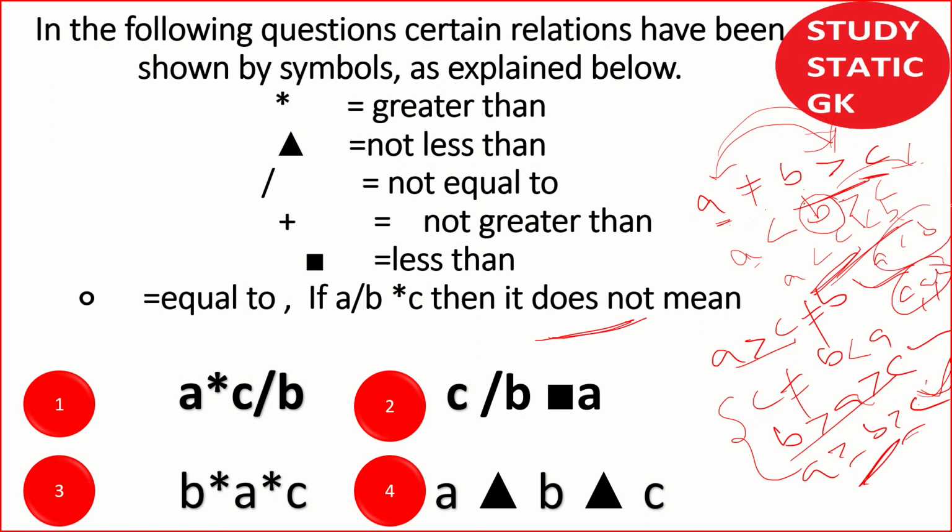So this is also a possible case. So this one is the answer. No need to find it out further, I mean we have found three are correct. So the second one is wrong because, see here, C not equal to B, this is also correct, and B less than A.